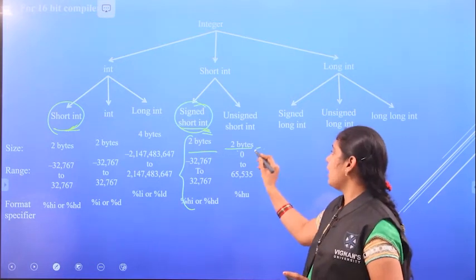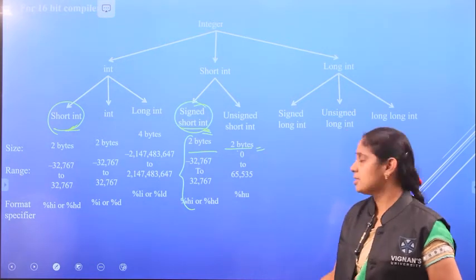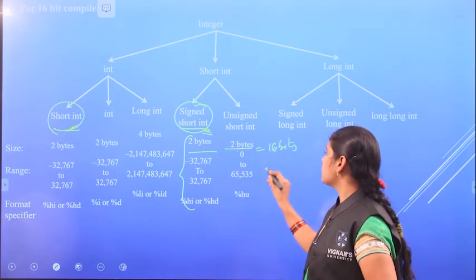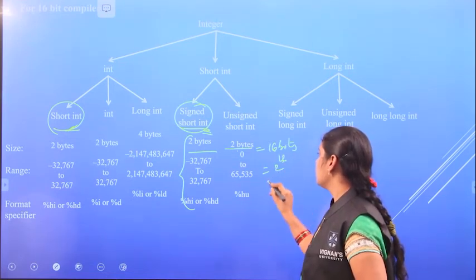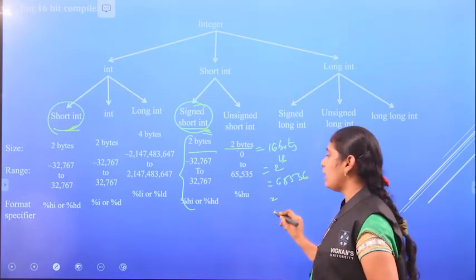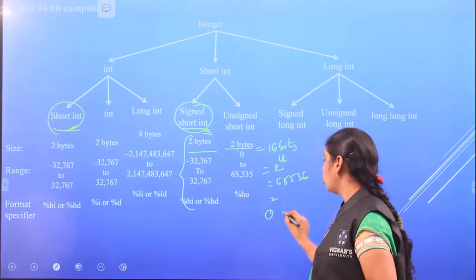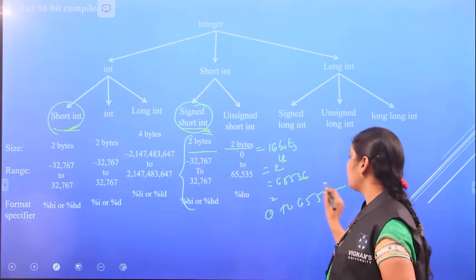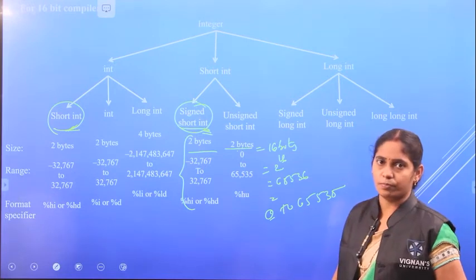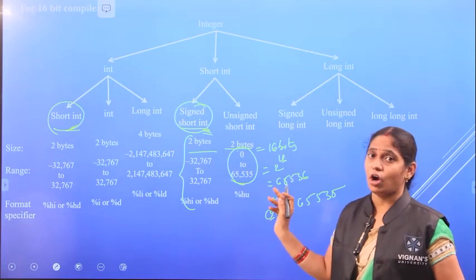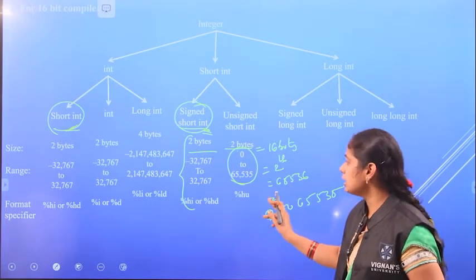So, what is the value here? 2 bytes means 16 bits. So, 16 bits means 2 to the power of 16, which equals 65,536, so the range becomes 0 to 65,535 because we started from 0. Here all the values are positive only.